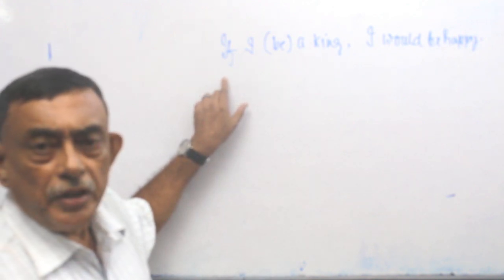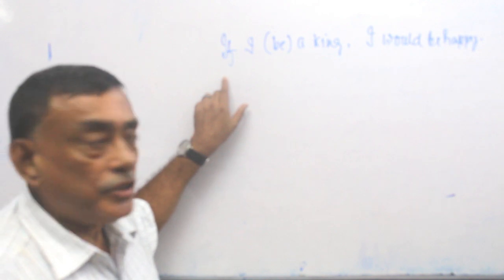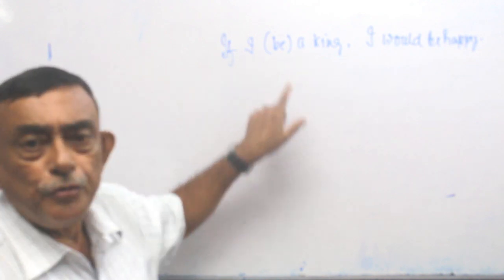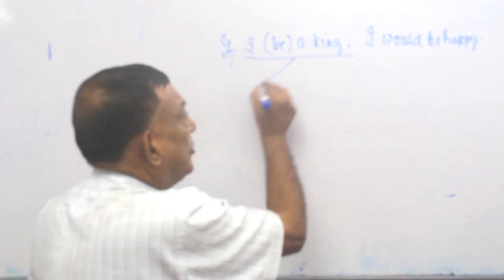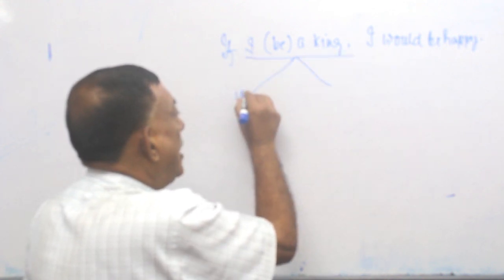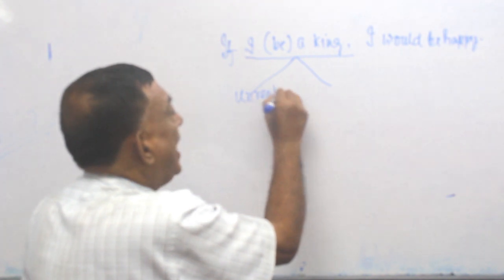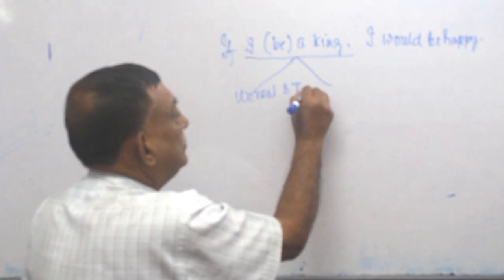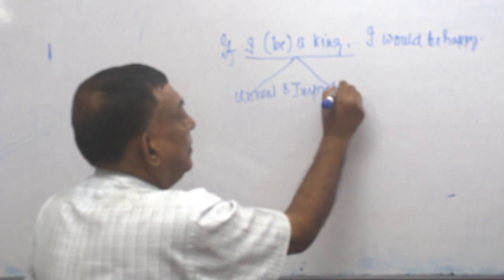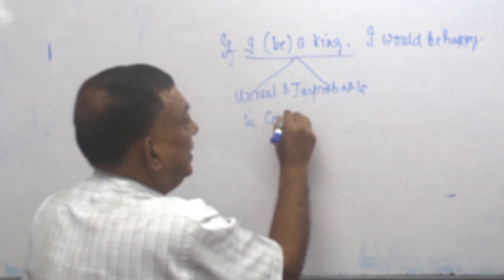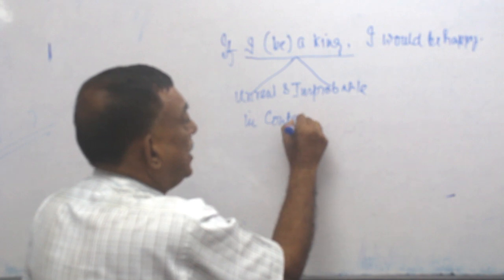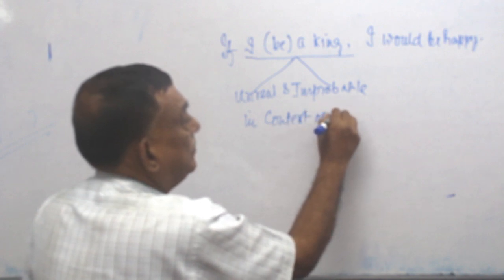Now just look over here, the if function, once again the if function. After if, you find any sentence which is unreal and improbable in the context of the present.